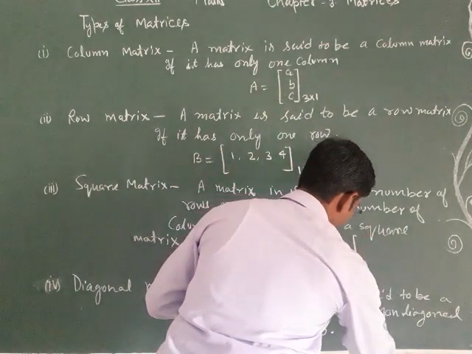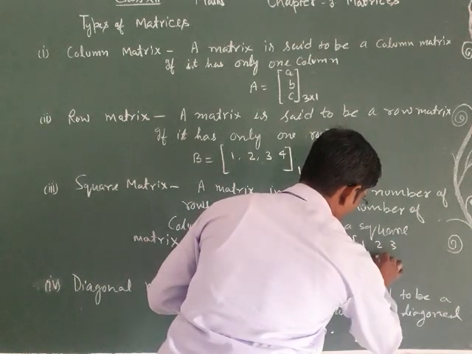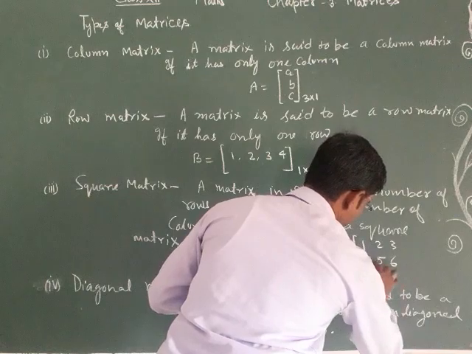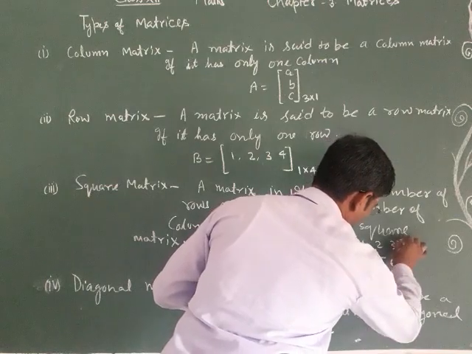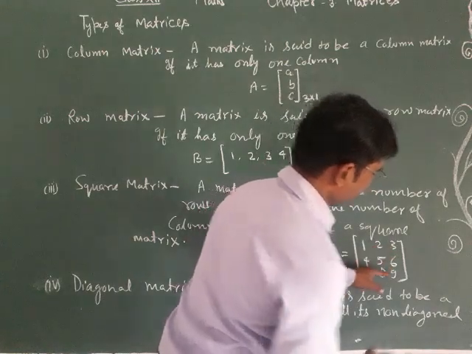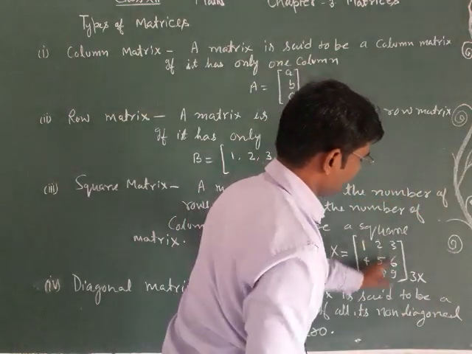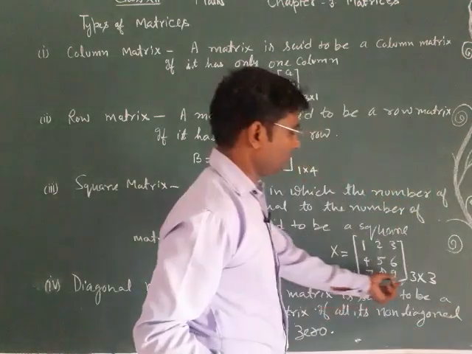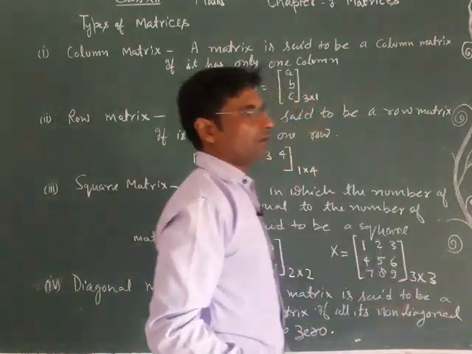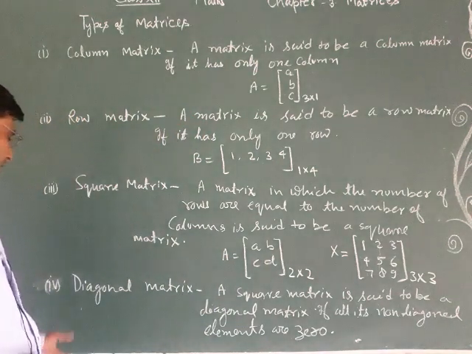Another matrix 1 to 9 is of order 3 by 3, where the number of rows equals the number of columns, so this is a square matrix.